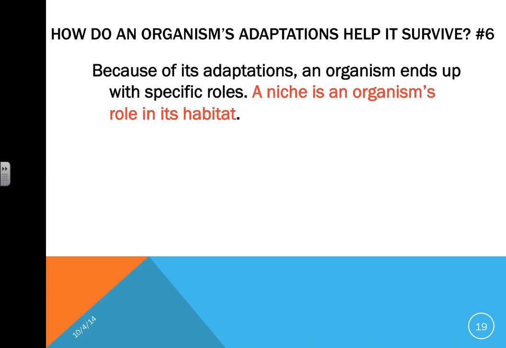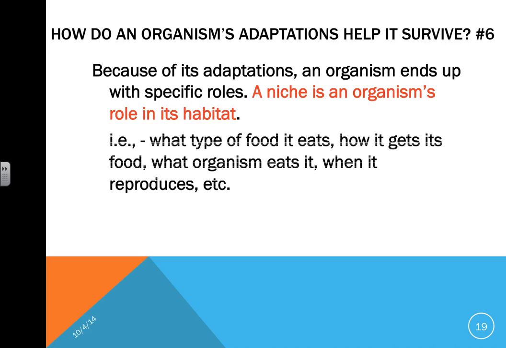So because of these adaptations, an organism ends up with a specific role in its environment. So a niche, and there's our vocabulary word, is an organism's role in its habitat. So write that down, highlight it in red. A synonym for the word niche is a job. What's the job that an organism plays in its habitat?